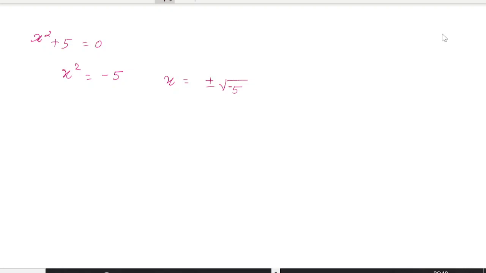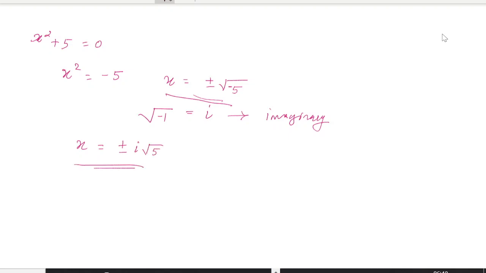Now to denote this square root of minus 5, we will have a notation. We will denote square root of minus 1 as i, and we will say that this is imaginary. And this number can be represented as x equal to plus or minus i into root 5.